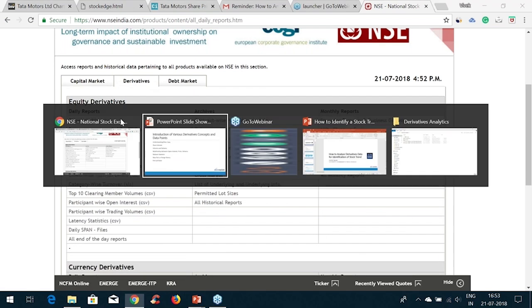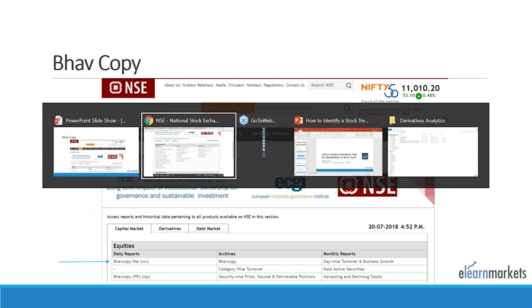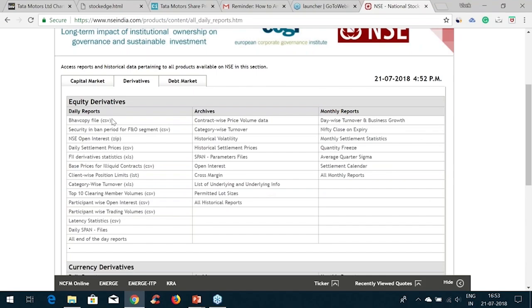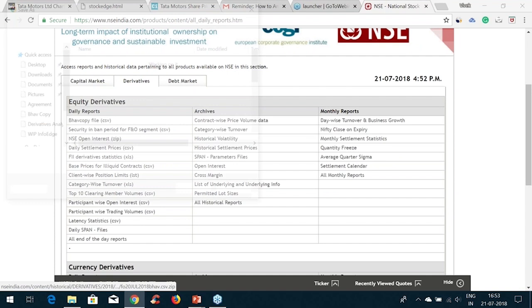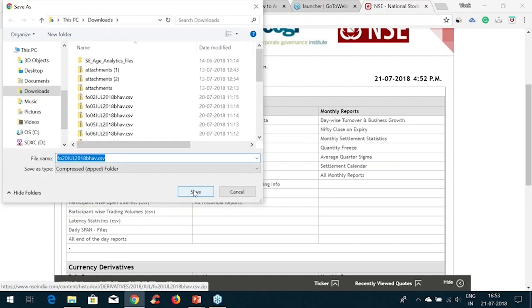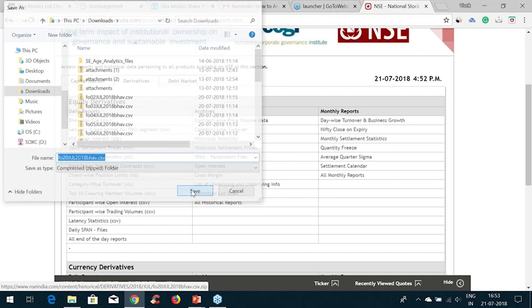This Bhav copy is pretty much an exhaustive Bhav copy for you to analyze the market. Now, let me show you the structure of the Bhav copy. We'll spend a couple of minutes downloading and analyzing a Bhav copy, particularly of the derivative segment. So let us download a Bhav copy.